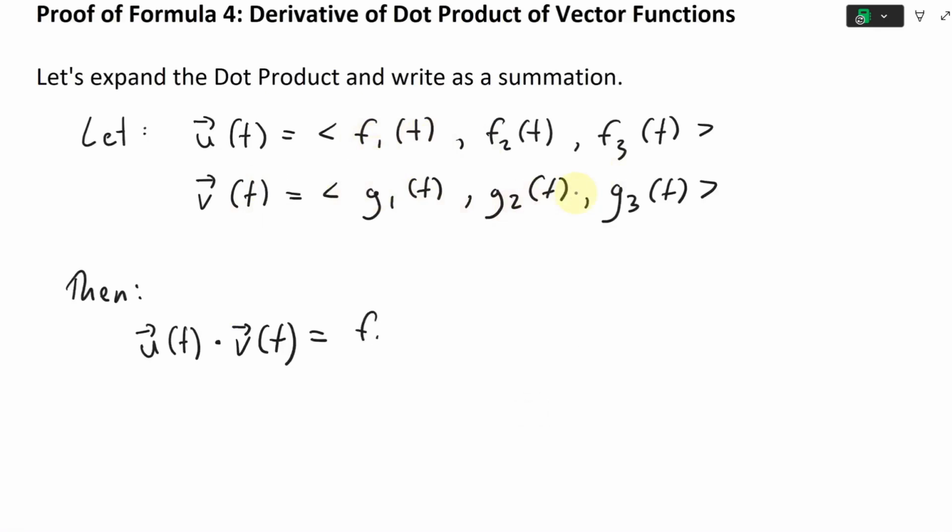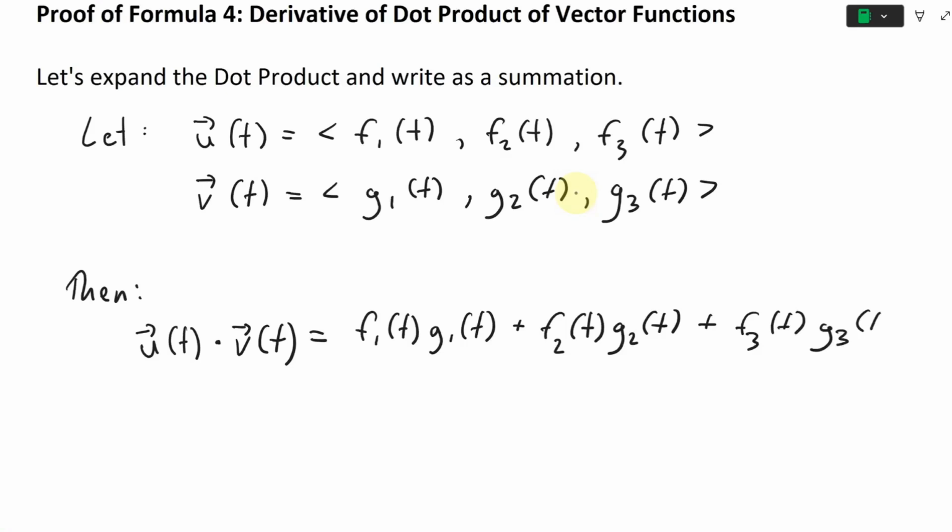So we're going to have f1 of t times g1 of t, plus f2 of t times g2 of t, and then plus f3 of t times g3 of t.